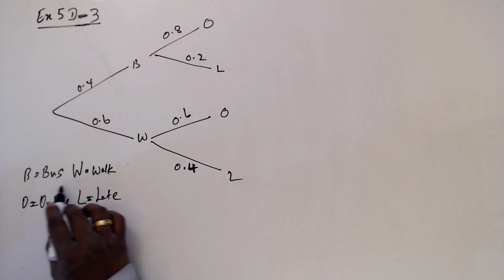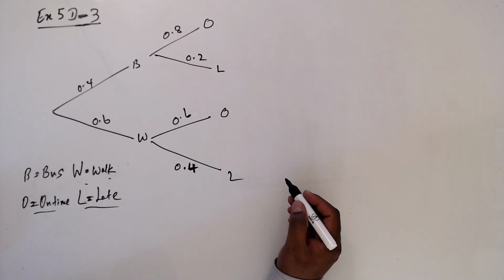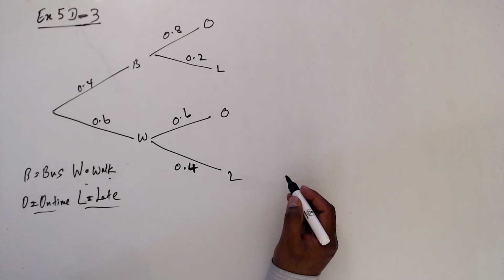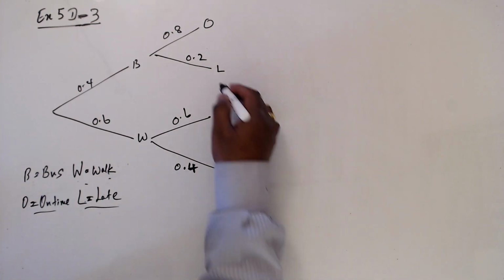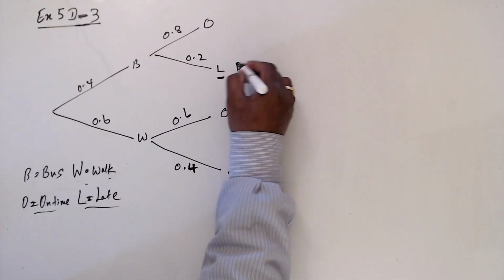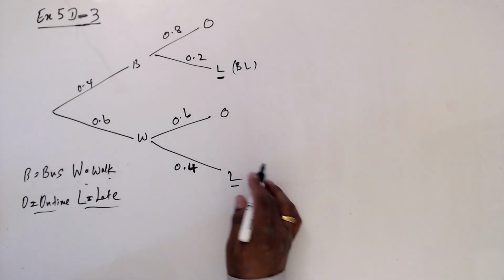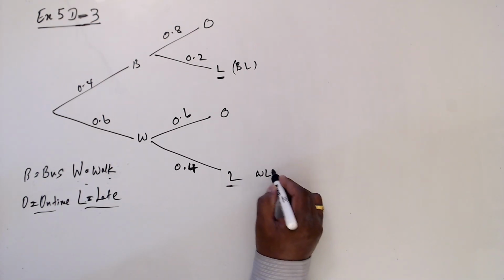This is the key: B bus, W walk, on time, late. And the question is find the probability that Charlie is late to school. So this is the late. If we come by bus and late, and if we come by walk and late, these are the routes he can be late.